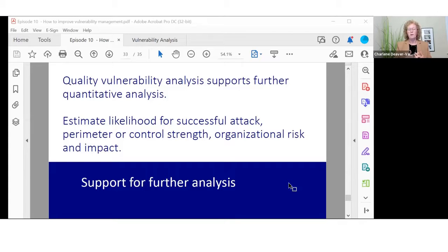This will support things like an estimate for the likelihood of a successful attack, or perimeter or control strength. You can apply it to an organizational risk like supply chain risk, and you can also then add to that the impact. So it's collecting, preparing, and analyzing the data. You get that for reports, and then you're going to use this in other analysis that you will do.